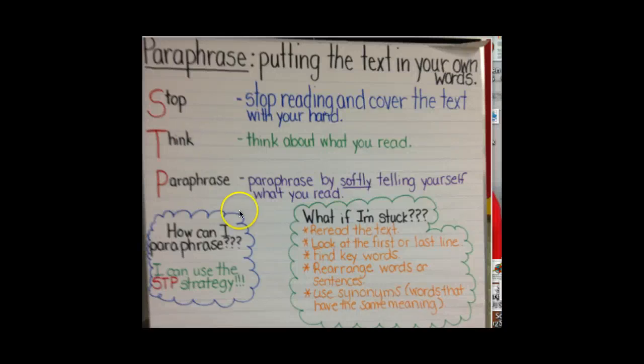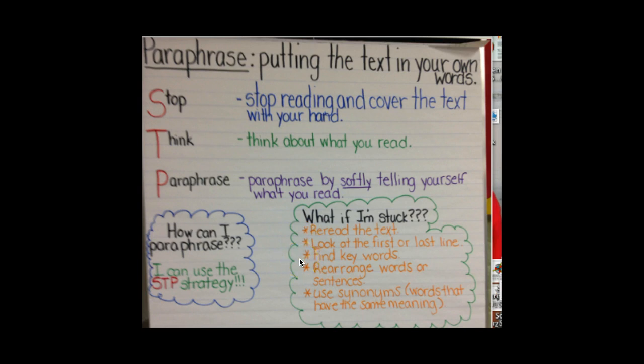Then I want you to try to paraphrase, or in your mind tell yourself what you just read, but use your own words. Don't use the author's words. That's why I want you to not look at the author's words. Try to paraphrase using the STP strategy. If you get stuck, go ahead and open the text and read it again. Often if you look at the first or the last line, the most important thoughts are there, so maybe take another peek at those.